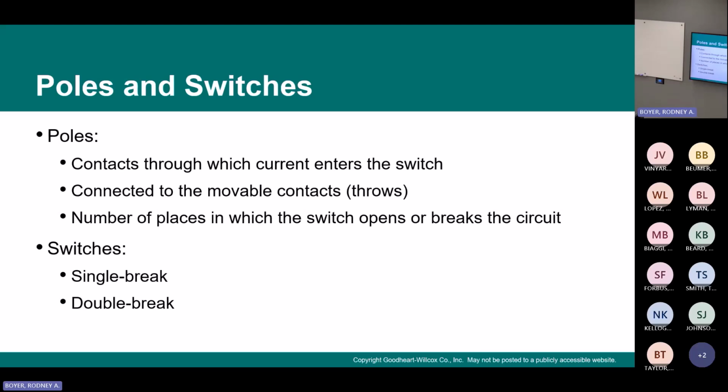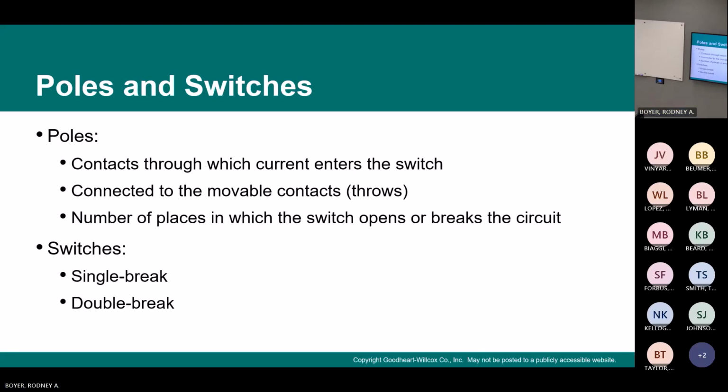The number of throws is how many directions the contacts can make or close. So a double throw can either be on or on.